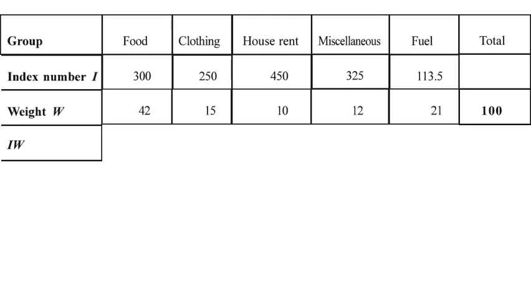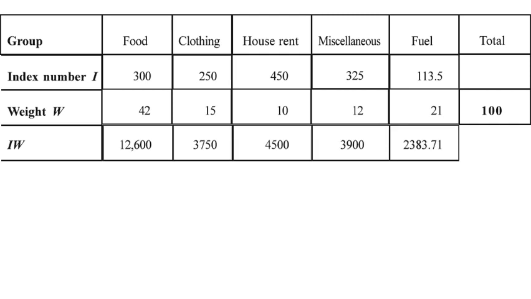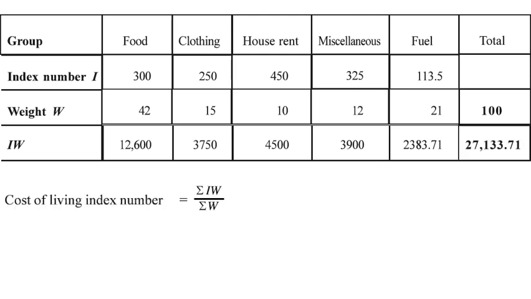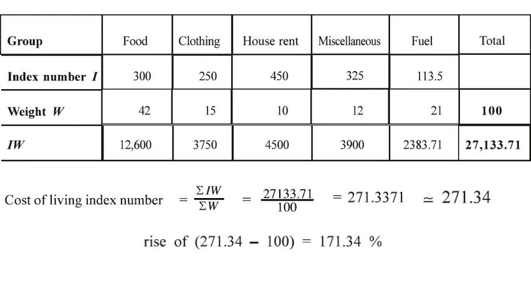That way you will get the weight of fuel. Once you get the I row and W row, multiply them. Simple as that. Now you have nothing new here. Multiply them, get the total. Cost of living index number, that is IW upon W. Put the values, get the answer and write the statement.